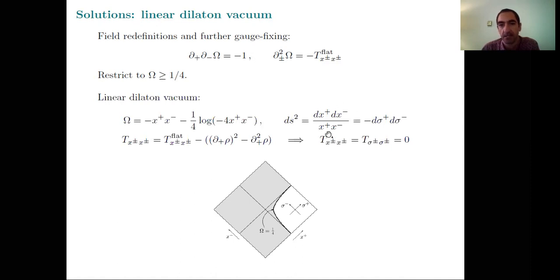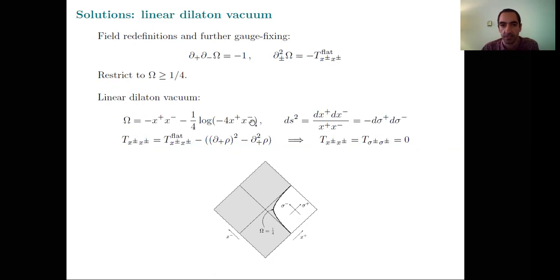And I can define these flat coordinates sigma, where x plus is e to the sigma plus, and x minus is minus e to the minus sigma minus, and you get a flat metric that looks like this. The stress tensor in the x coordinates, like I said, is given by the flat piece plus the conformal anomaly coming from rho. And this tells you that the stress tensor in x coordinates or in sigma coordinates is equal to 0. That's why it's called the vacuum, because an asymptotic observer who's inertial with respect to these coordinates sees 0 stress tensor.